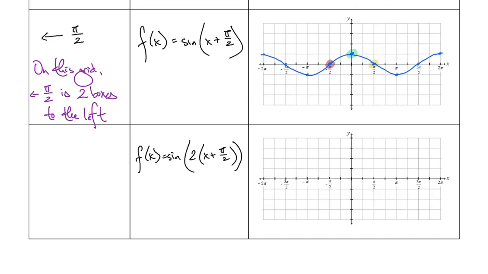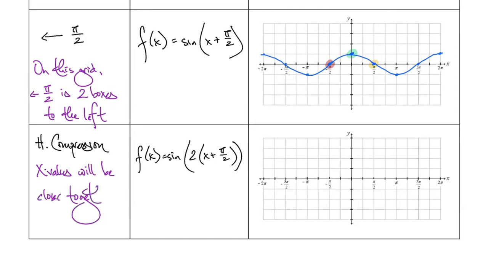And which one is it in this case? Are we stretching or are we compressing? All right, I agree. So we have a horizontal compression. And that means that the x values will be closer together, right? Very similar to what we saw in the previous problem, right?